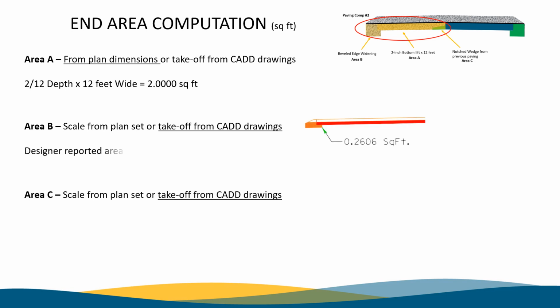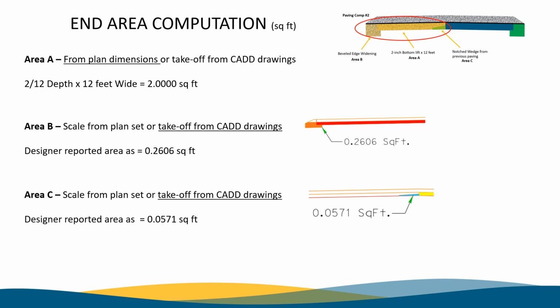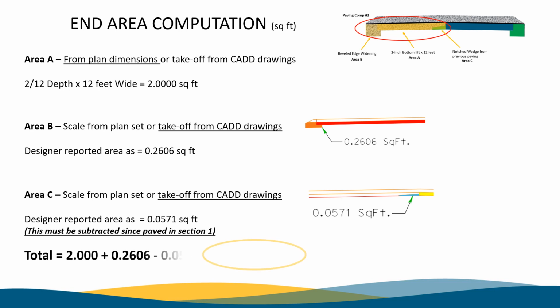Area B from the CAD drawing is 0.2606 square feet, and Area C from the CAD drawing is 0.0571. But this section must be subtracted since it was paved during the first lane of paving, so the total comes to 2.2035 square feet.